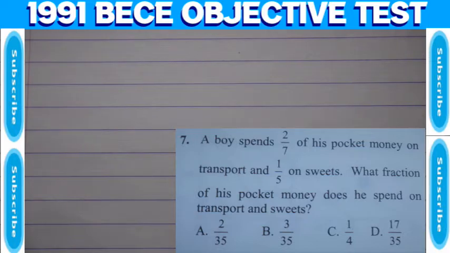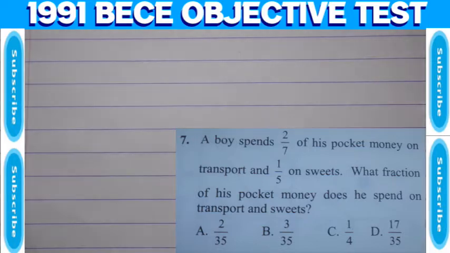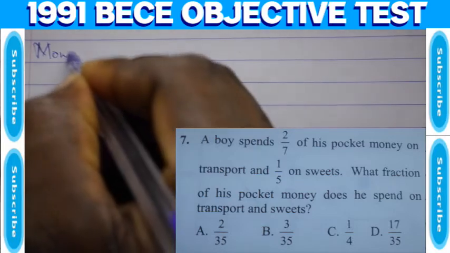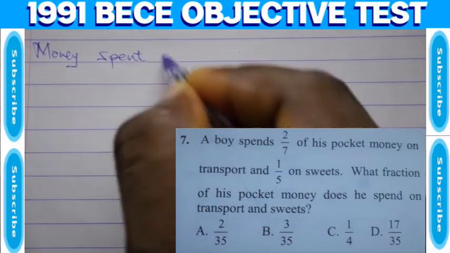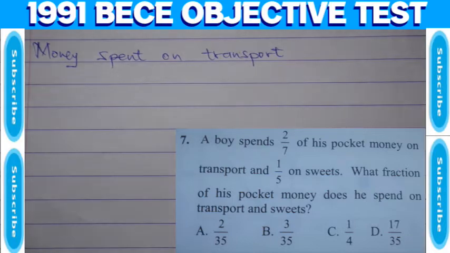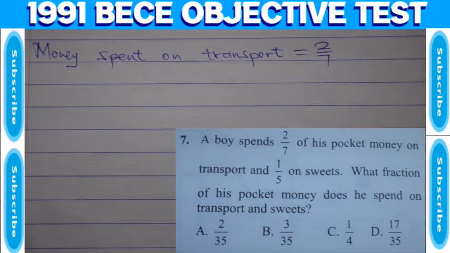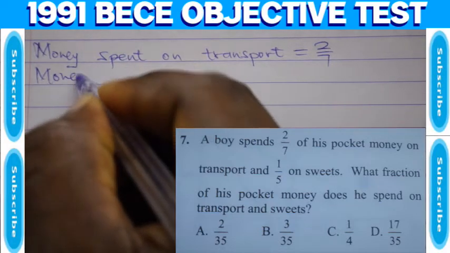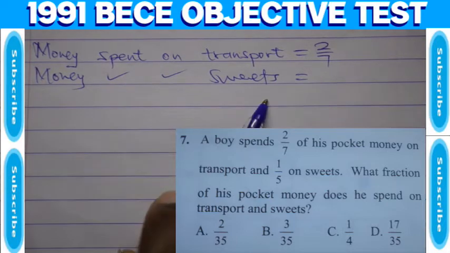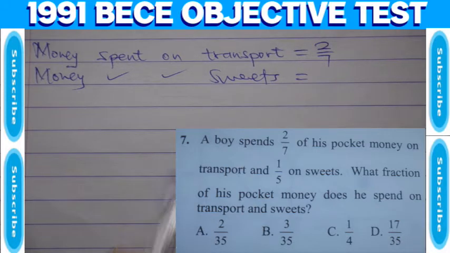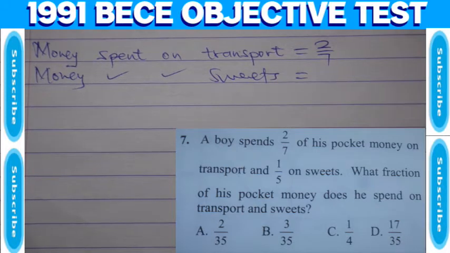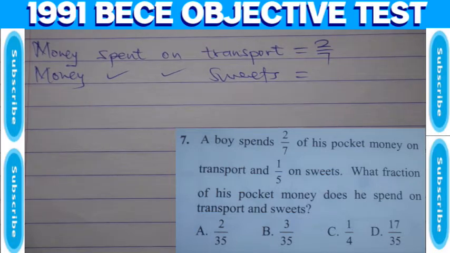So you've got to write these things down. Fraction of money spent on transport is equal to 2 out of 7, and then the fraction of money spent on sweets. Because of the space that I'm working with over here, there is the need for me to adjust, so that you will see everything that is going on and be able to learn everything as I explain.